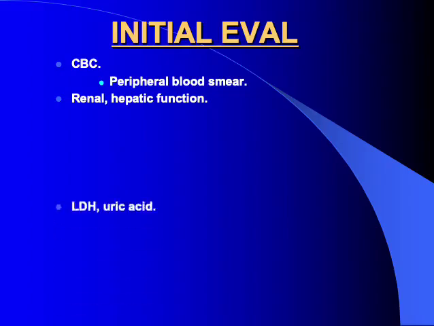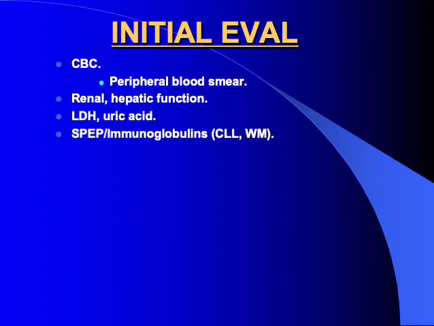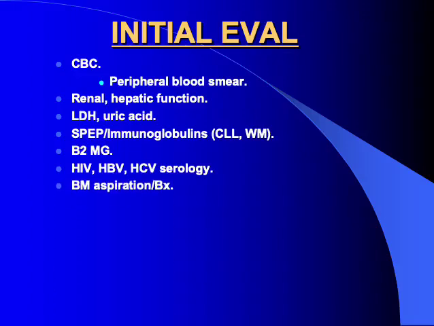Chemistry, renal and hepatic function, LDH and uric acid, serum protein electrophoresis, and immunoglobulins, beta-2 microglobulin tumor marker. Don't forget serology: HIV, hepatitis B and hepatitis C. Bone marrow aspiration and biopsy in some cases.